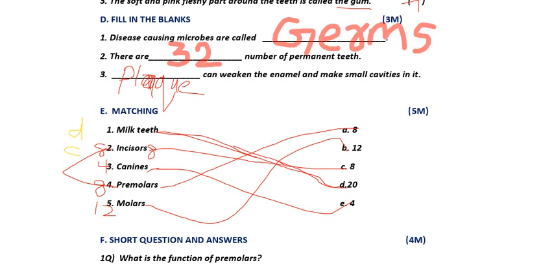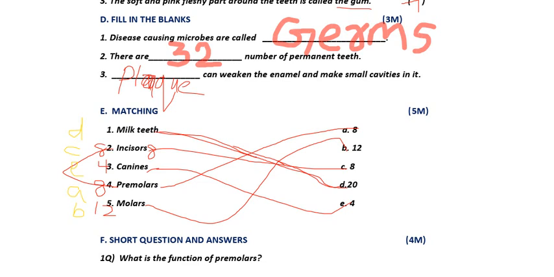I'll give marks. Next one is canines. How many are there? 4. Where is the 4 option? E. So third one is E. Fourth one is premolars. I have written A here. You can write A or C. Next, molars is 12. So B is our answer.